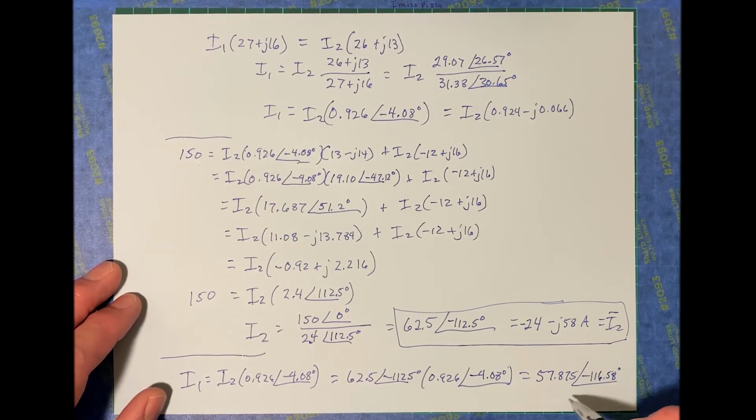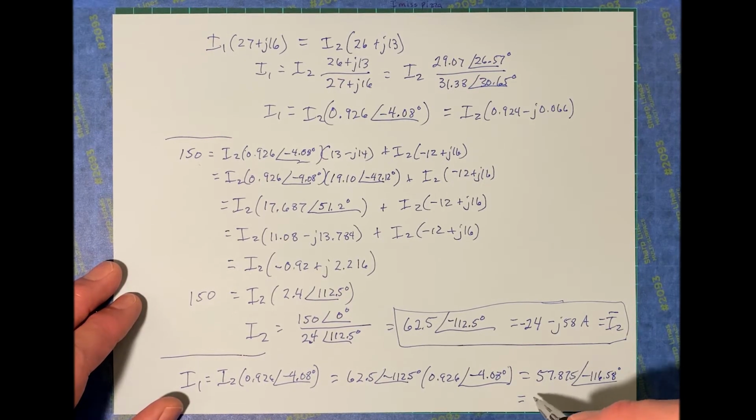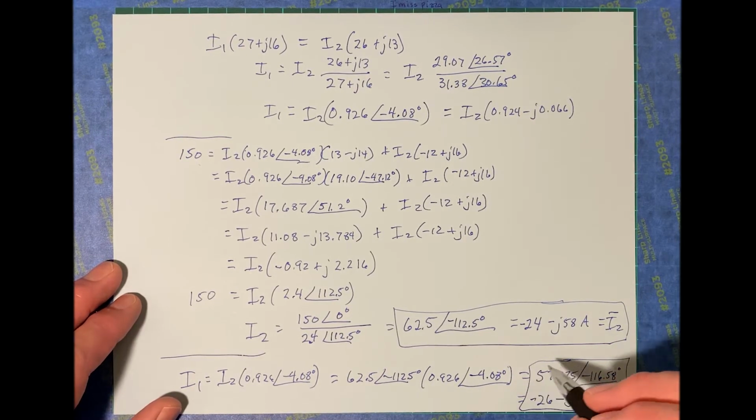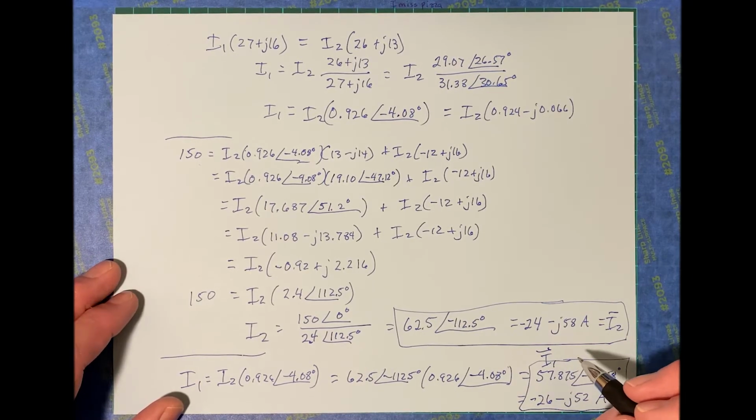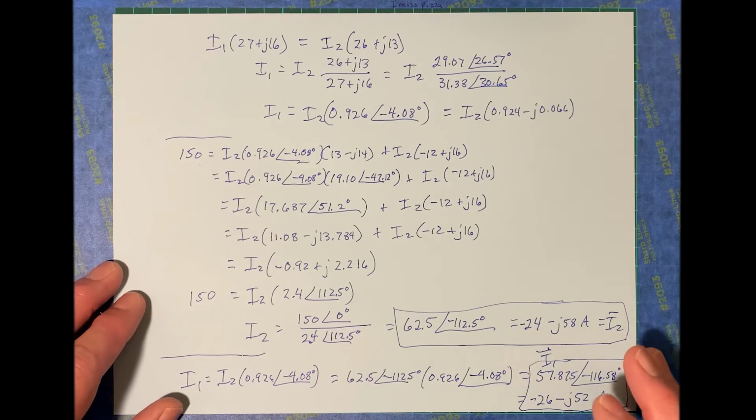So there's our I1, and we can convert that into rectangular if we wanted to: negative 26 minus j52, rounding things. There's our I1. Okay, so we've got I1 and we've got I2 at this stage.